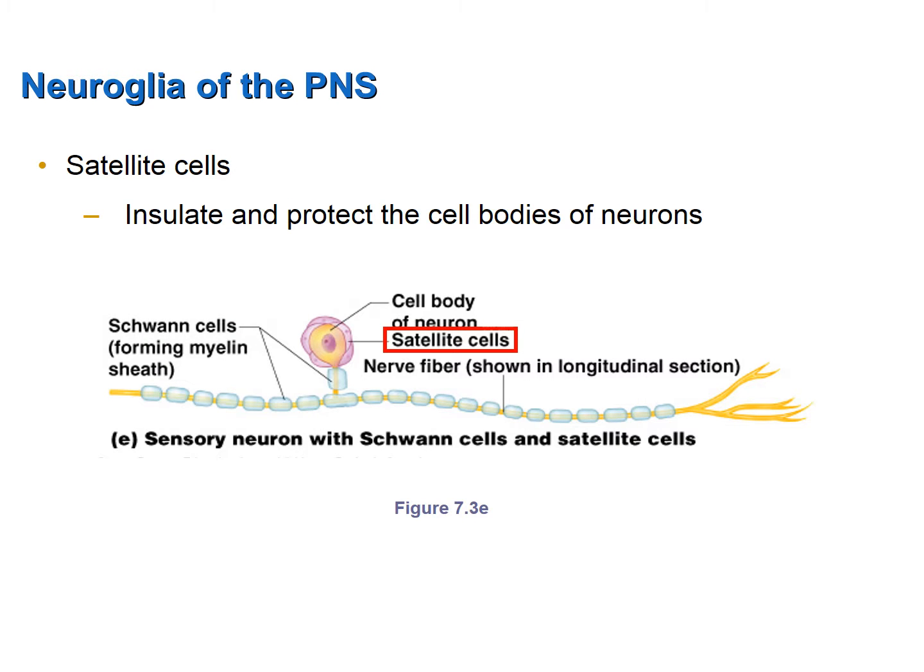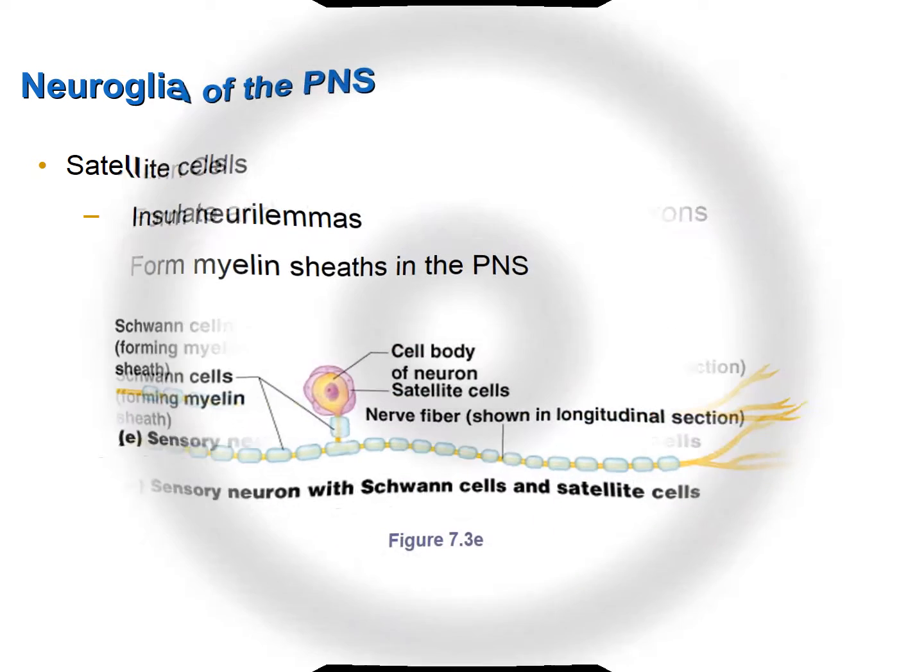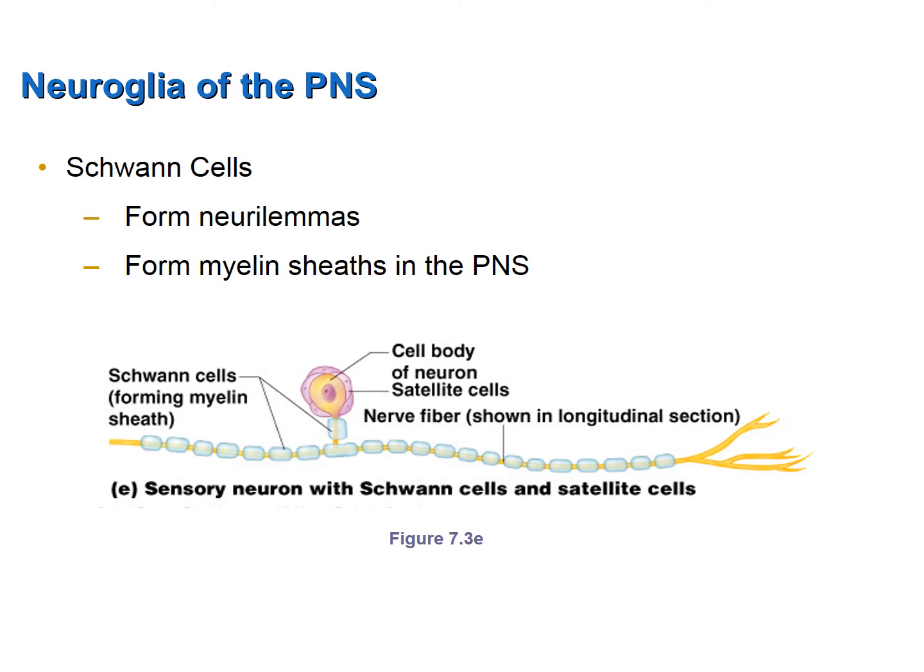Satellite cells insulate and protect the cell bodies of neurons in the peripheral nervous system. The second neuroglial cell of the peripheral nervous system are Schwann cells. Schwann cells form myelin sheaths and neurolemmas in the peripheral nervous system.